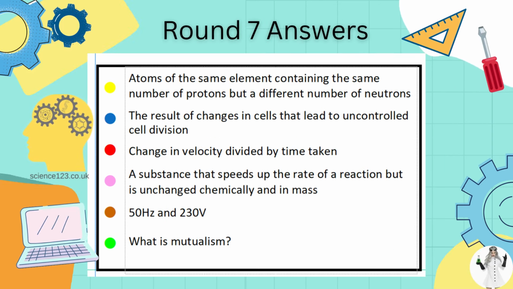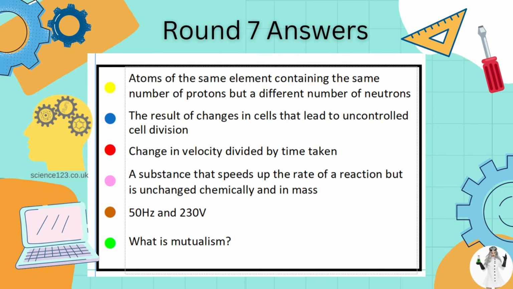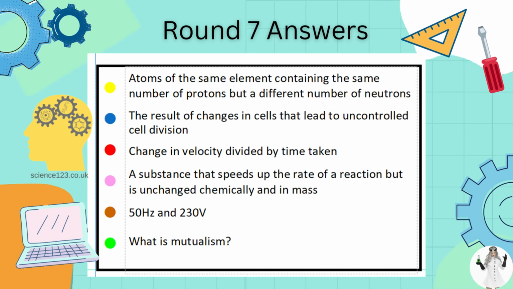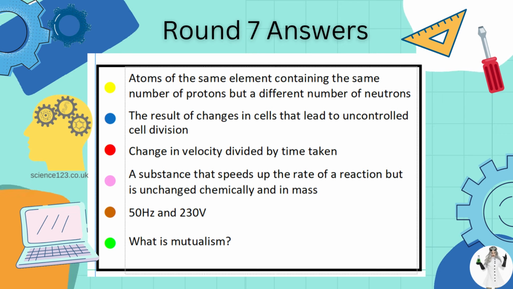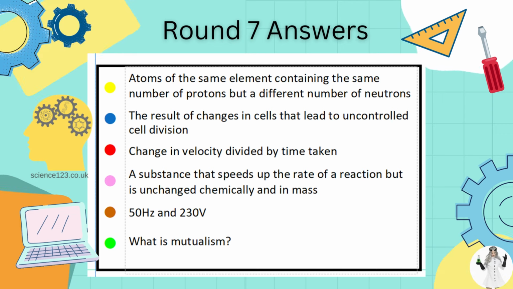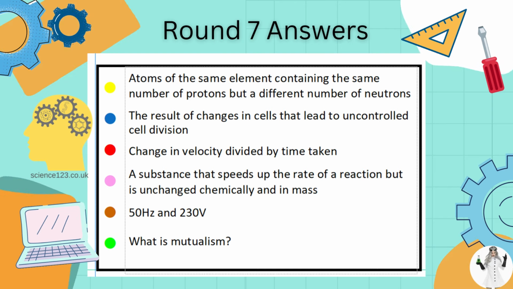Isotopes are atoms of the same element containing the same number of protons but a different number of neutrons. Cancer is the result of changes in cells that lead to uncontrolled cell division. Acceleration is calculated by the change in velocity divided by the time taken.